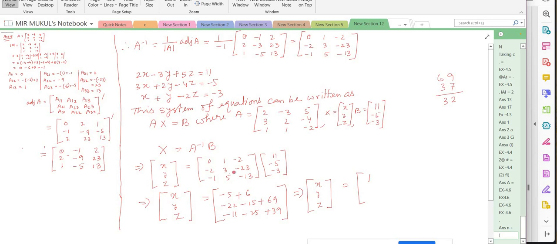Once again just check, second row into second column, minus 22 minus 15 and 23 into 3, 3 3 is 9, 3 2 is 6, yeah, plus 69, right?